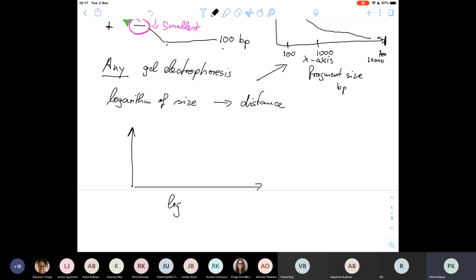You can use base 10 or 2 or whatever you fancy, but it has to be a logarithm. So if we plot logarithm of fragment size versus distance, then we would get a completely different picture.